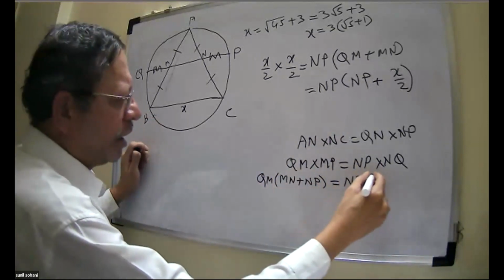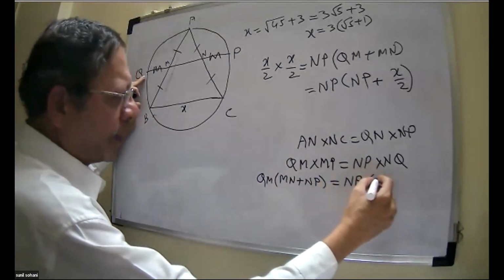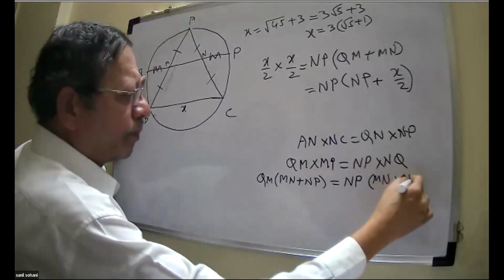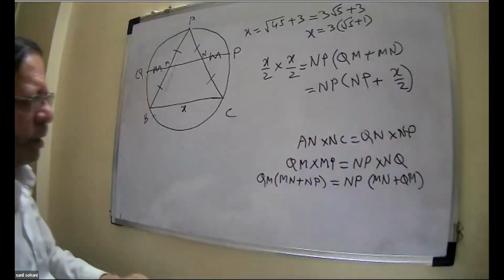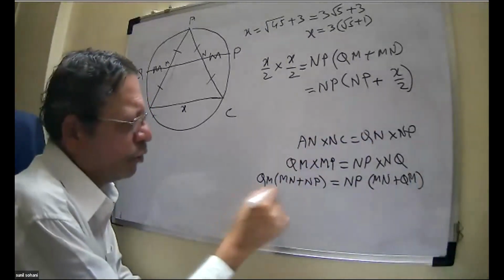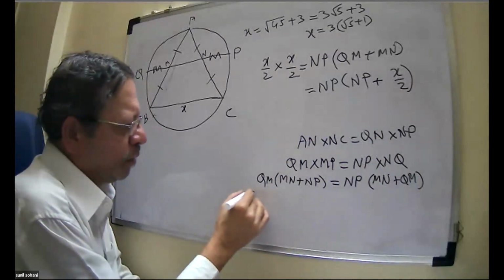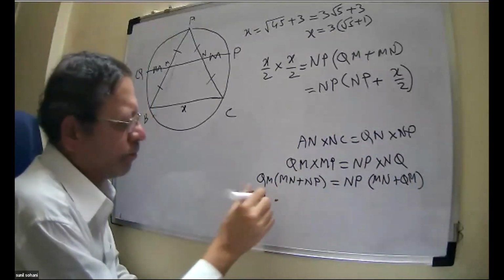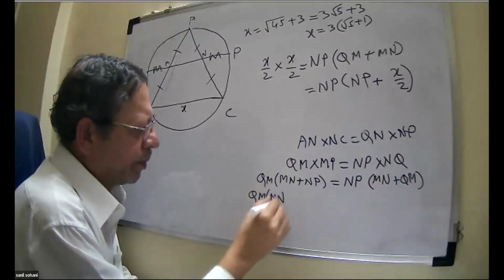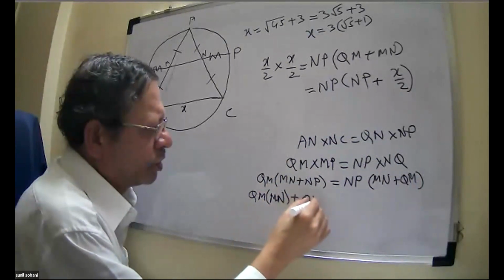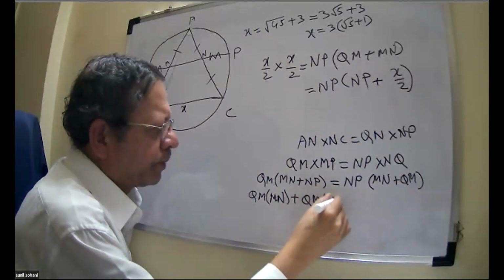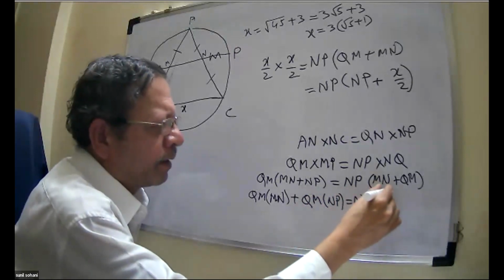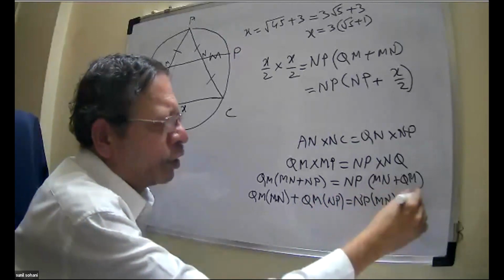NP as it is, and I can break NQ again as MN plus QM. So if you explain further, QM times MN plus QM times NP is also equal to NP times MN plus NP times QM.